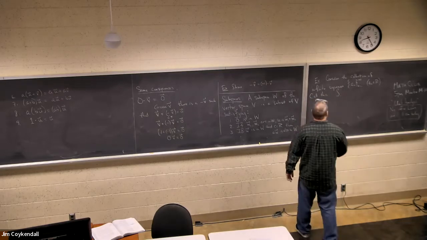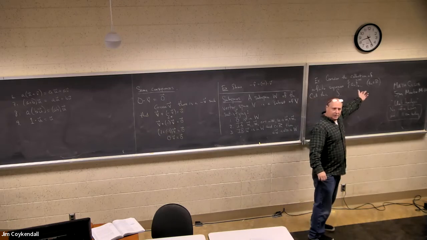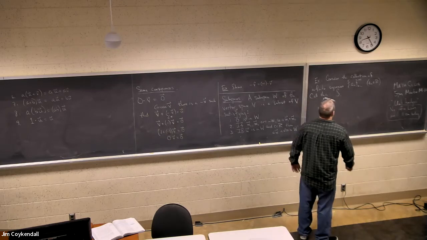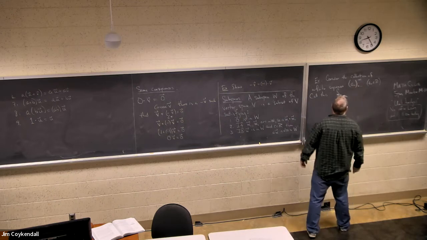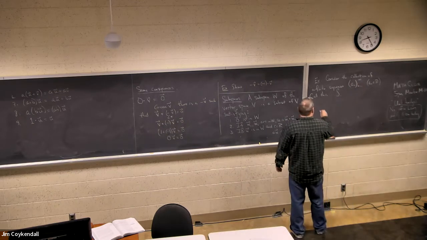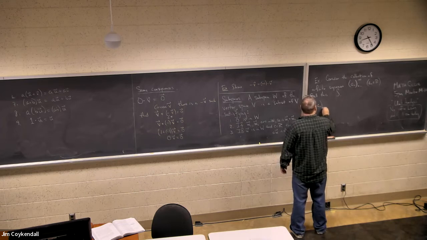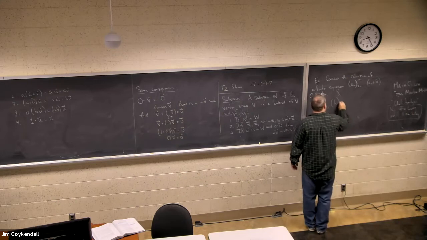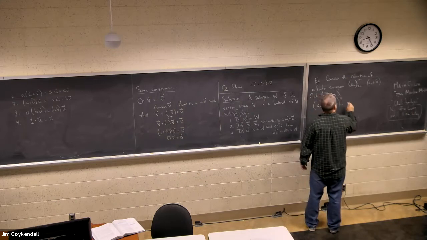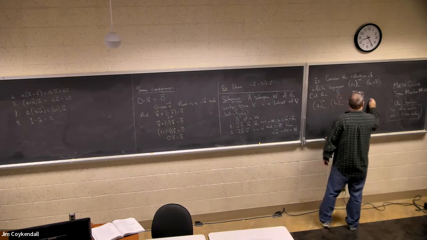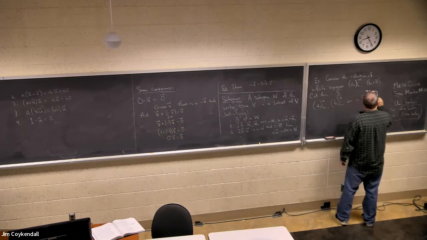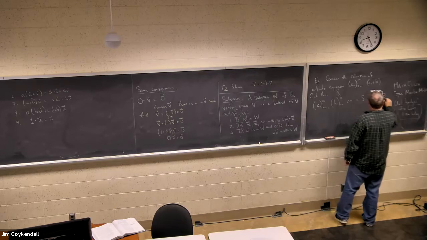Now, suppose AN and BN are in S, and C is in R.